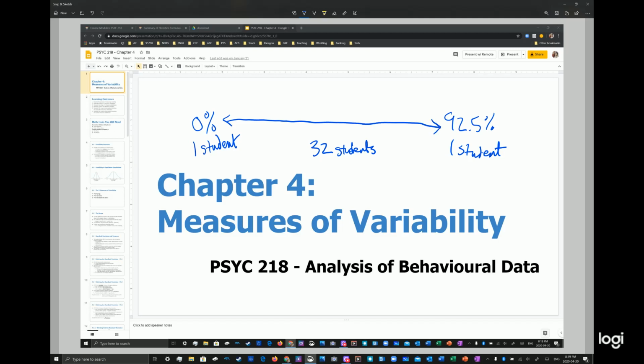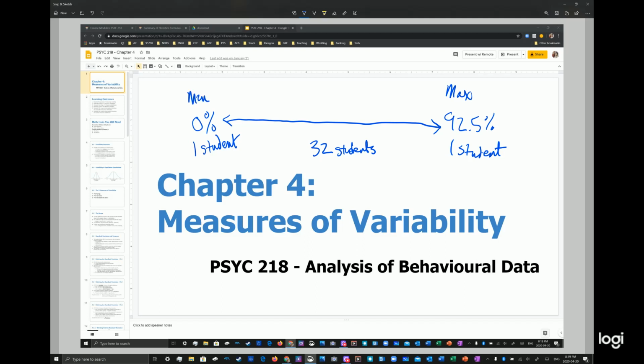Without any further information, if all I told you is, well, the range is 92.5%, from 92.5 to 0, max to min. So this is the max score and this is the minimum score.